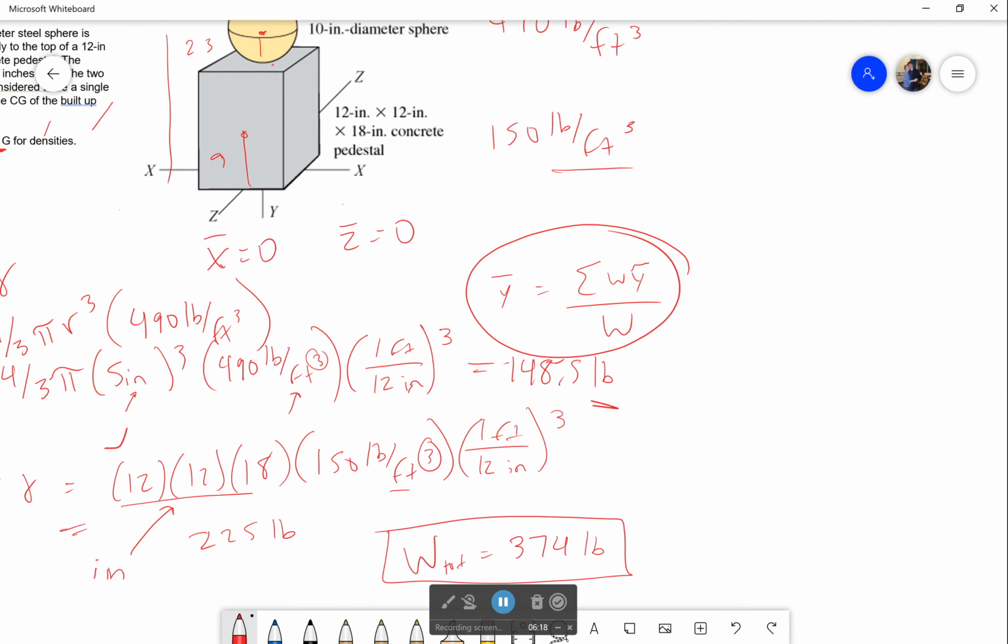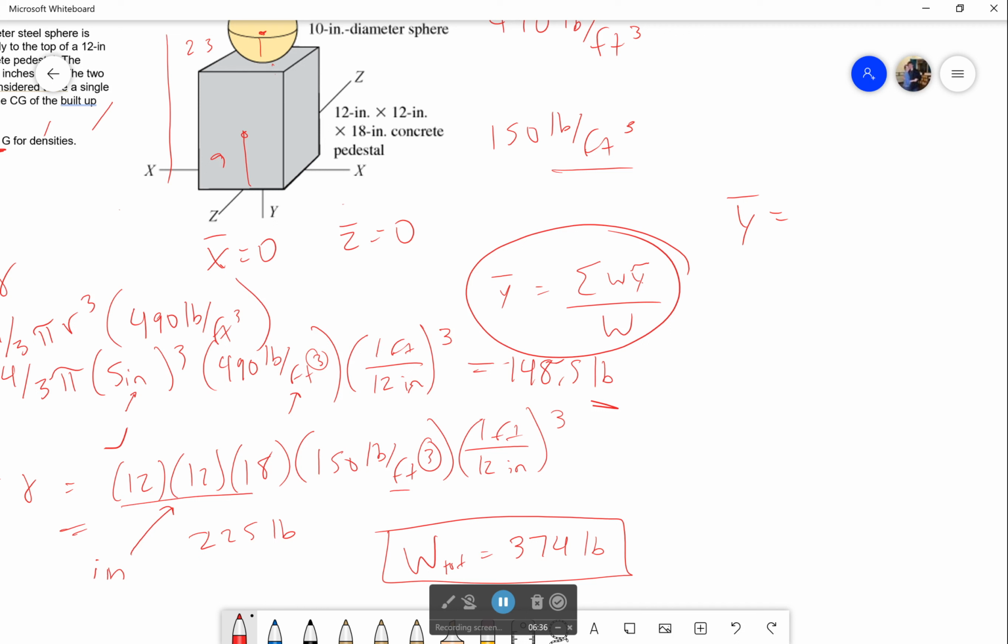So y bar is going to be equal to the sum of the weights times their centroid, measured from the same place. The centroid has to be measured from the same place. You can't just say from the edge of the object. It's got to be from the origin or some just connected point.